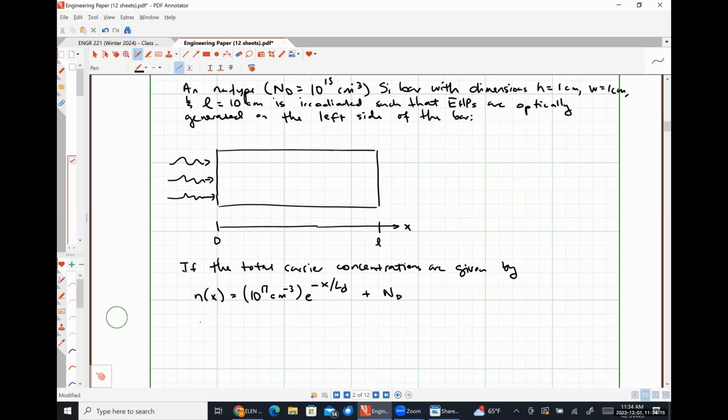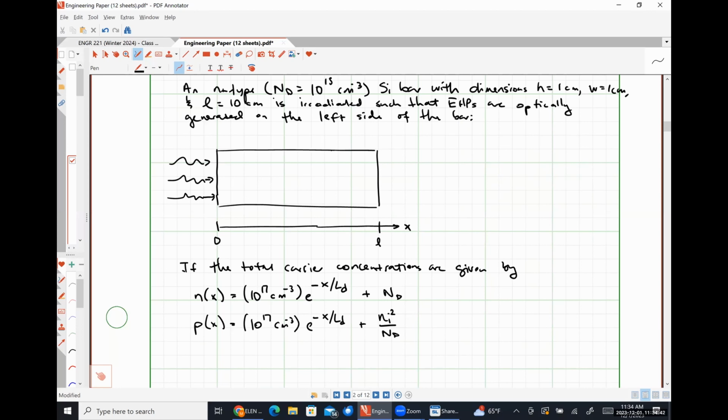And then our hole concentration, p of x, is going to be 10 to the 17 holes per cubic centimeter, e to the negative x over LD, plus ni squared over ND.